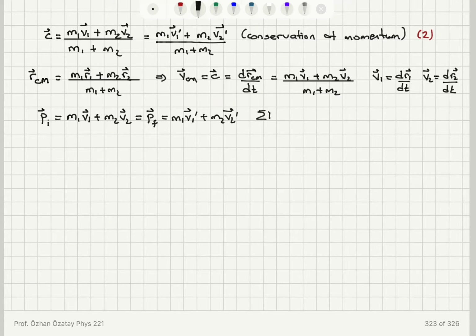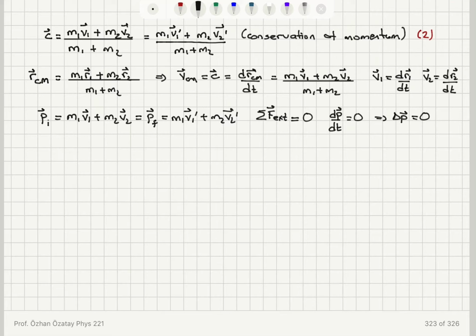The net external force acting on the system is 0. So we have the change in momentum dp dt equals 0. So that implies that the change in the momentum must be 0. So conservation of momentum applies, as suggested by the problem.